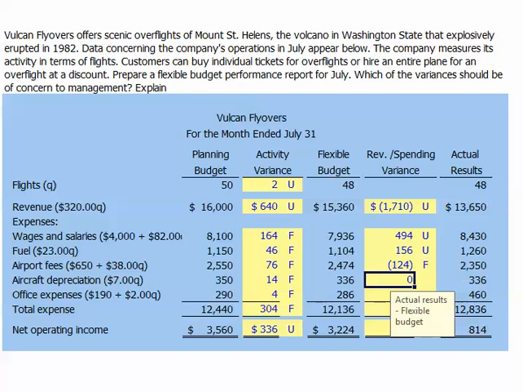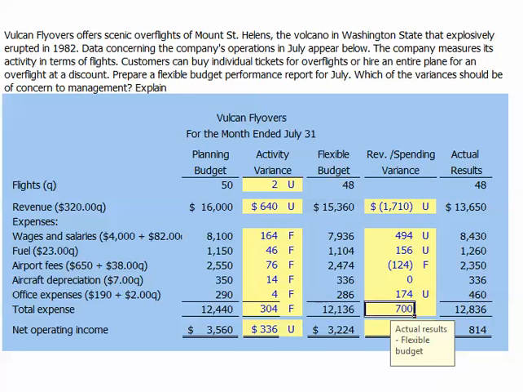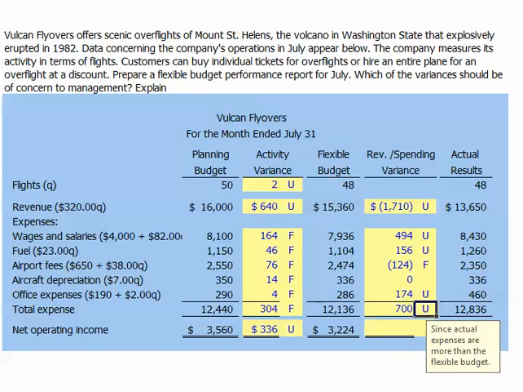For aircraft depreciation, there was no variance. For office expenses, our actual office expenses were $174 higher than our flexible budget amounts, so again, this is an unfavorable variance. In total, our expenses were $700 higher than our flexible budget amount, so that's an unfavorable variance.